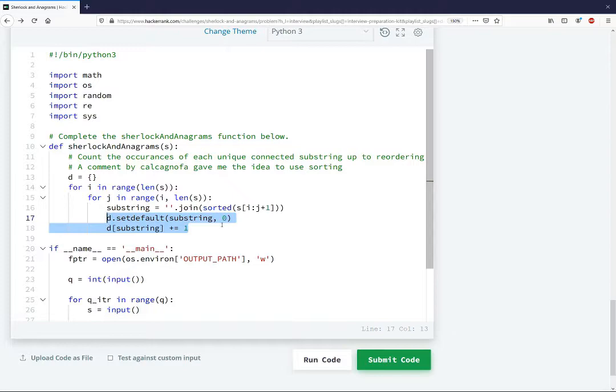I think that's one of the big takeaways for this problem, is really know this and memorize this so that you're able to use these lines of code to define dictionaries in whatever questions you might come across.